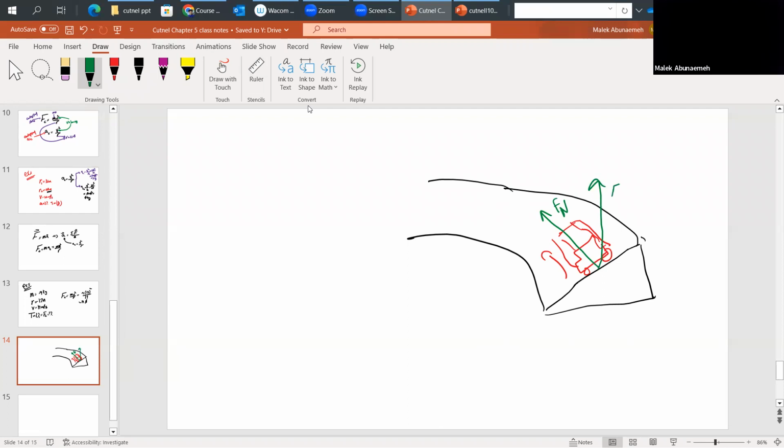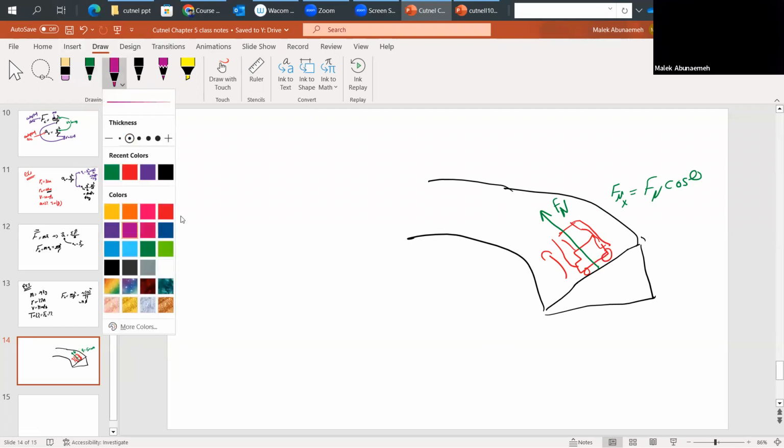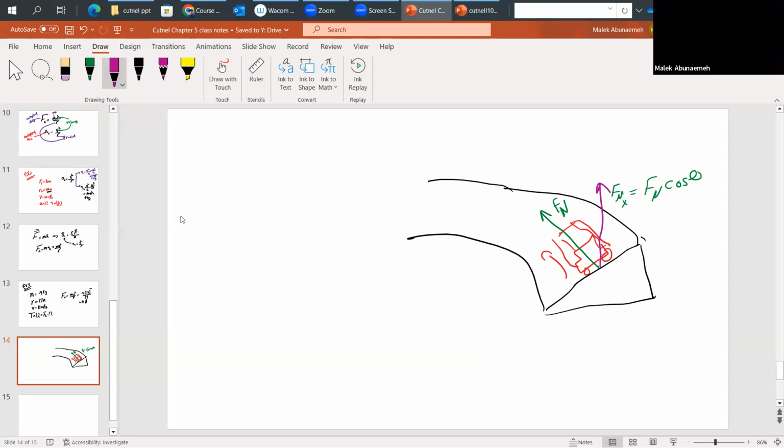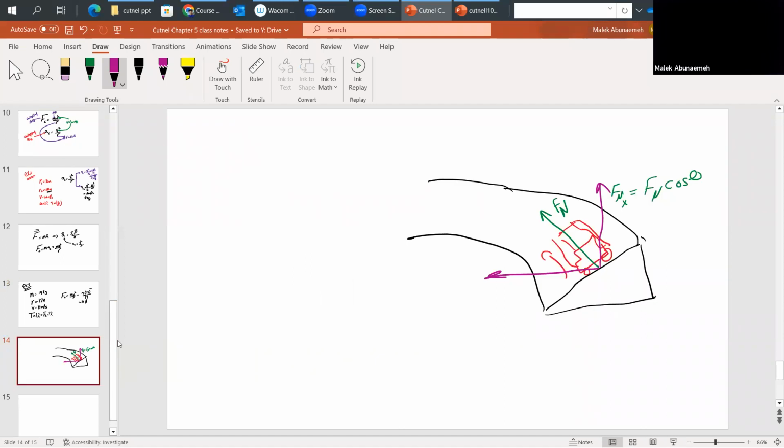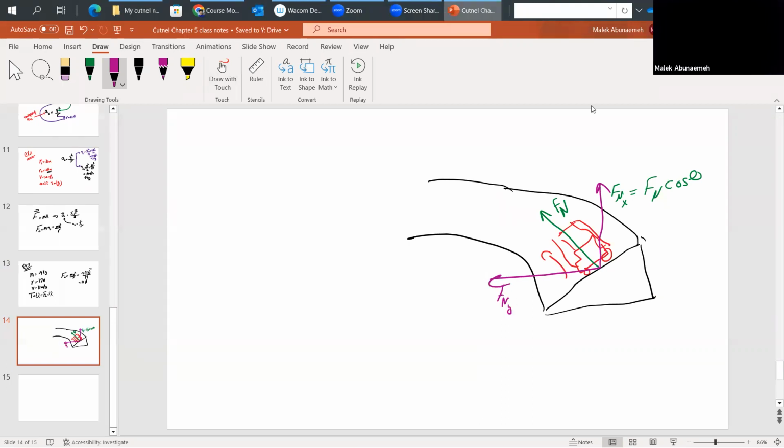cancellation of your F normal in the x direction, which is going to be your normal force cosine theta. And this is going to be your F of y, which is your F normal sine theta, which we saw from chapter 1.